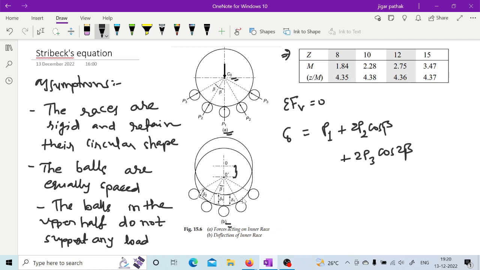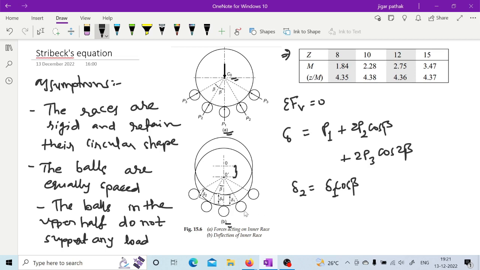If you observe, the angle between delta 1 and delta 2 is beta. So delta 2 can be represented as delta 1 cos beta, right?